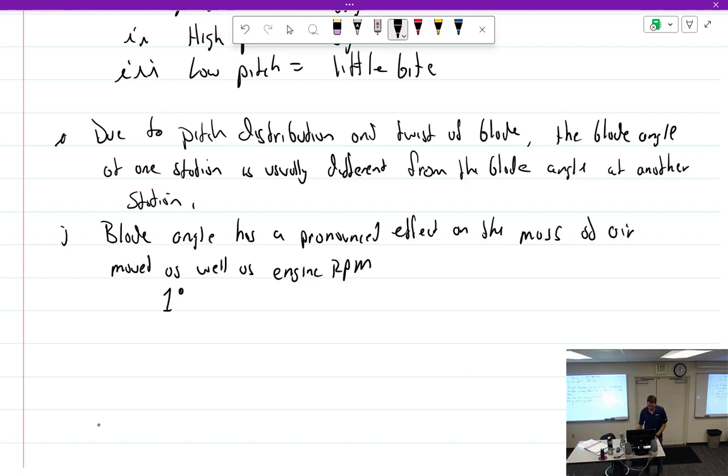One degree of blade angle can change RPM by 60 to 90 RPMs.